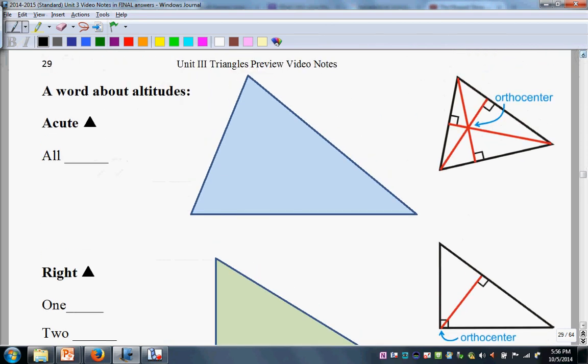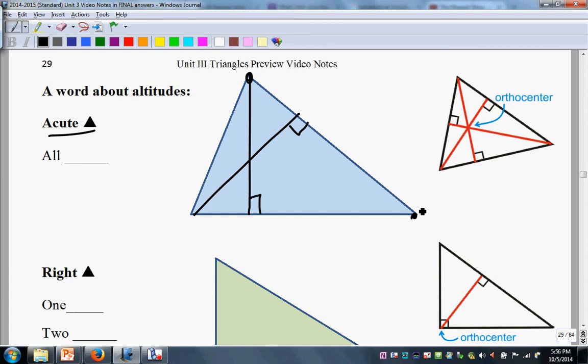Now, when you do altitudes, there are some key things you need to remember about an altitude. When you have an acute triangle, the altitudes, let's draw them real quick. Altitudes, ready? Corner, right angle. Corner, right angle.